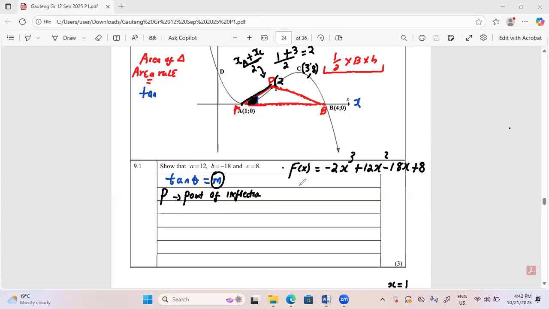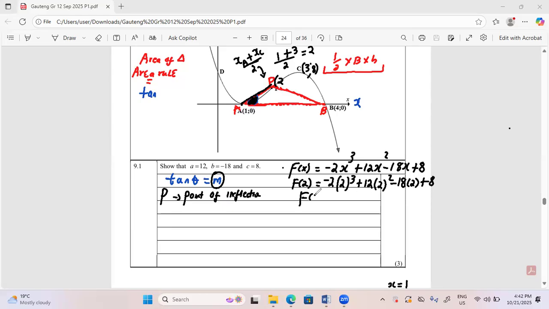So let us substitute x with 2 to find the y coordinate of the point of inflection. Negative 2 times 2 cubed, plus 12 times 2 squared, minus 18 times 2 plus 8.